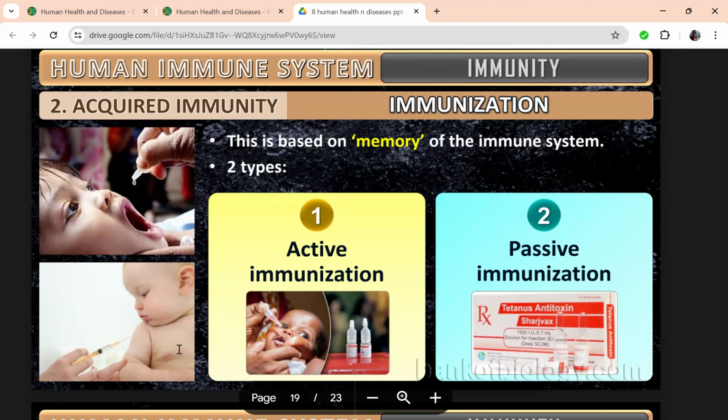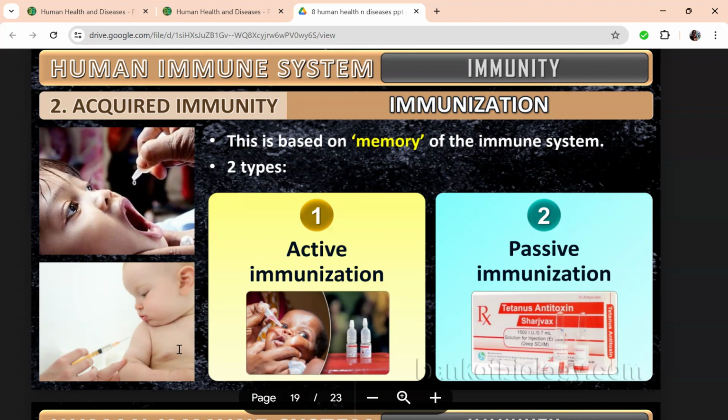So if I'm talking about immunization, when I'm trying to immunize a child, it is based on the memory of the immune system. It can be active immunization or passive immunization. So active immunization is basically in the child when you give the polio vaccines and all those.